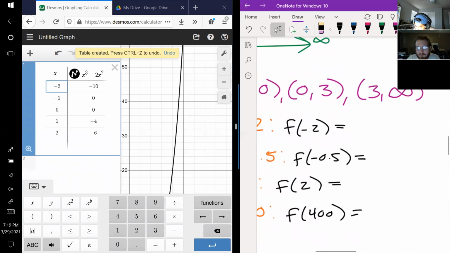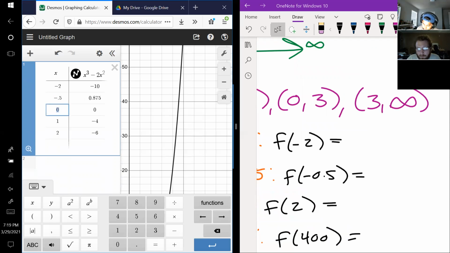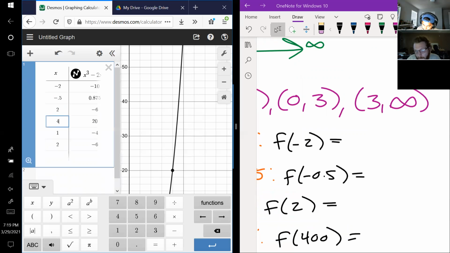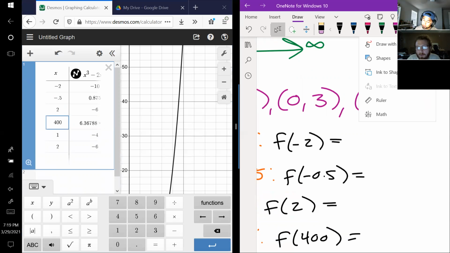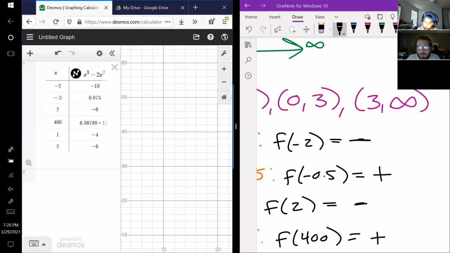Let's type these numbers in. -2's there already, and then -0.5, and then 2, and then 400. Wow. So like I said, we don't care about the number. We're not graphing anything. We only care about the sign. So here we are: negative, positive, negative, positive. Okay. Back to our sign chart.